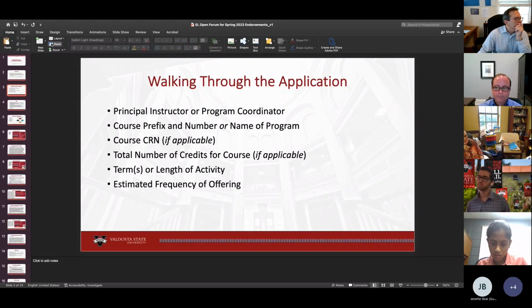It will ask about the principal, instructor, or program coordinator. It'll ask about the name of the course, CRNs, number of credits, when the class is typically offered, and how often you think it will be offered. Again, we try to make sure we check in with folks, especially if it's been a while, since you might have a fall-only course activity.